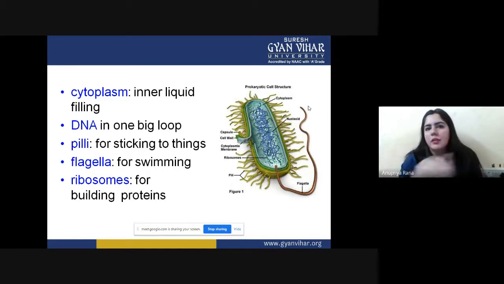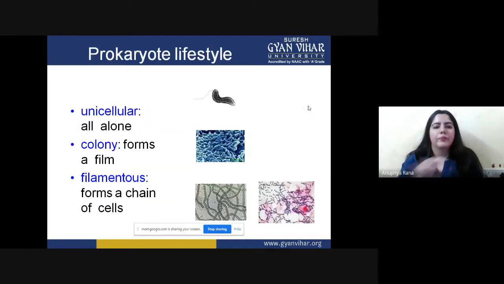They are the building blocks, they are the protein factories. So their major work is protein synthesis. Whatever code has been sent by the DNA, on the basis of those codes, these ribosomes make the protein for the cells.